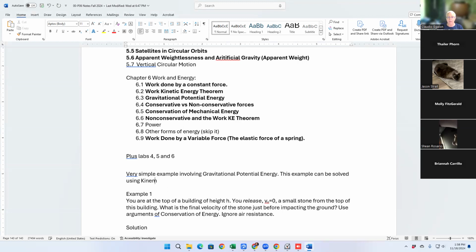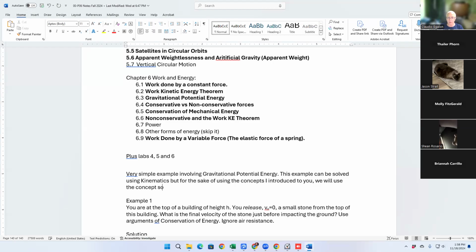This example can be solved using kinematics, but for the sake of using the concepts I introduced to you, we will use the concept of chapter 6. Okay, so here you go.